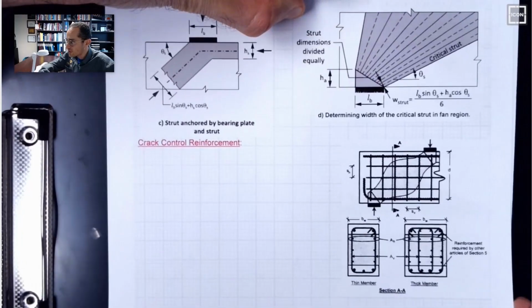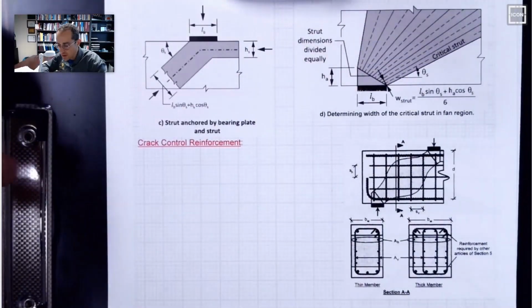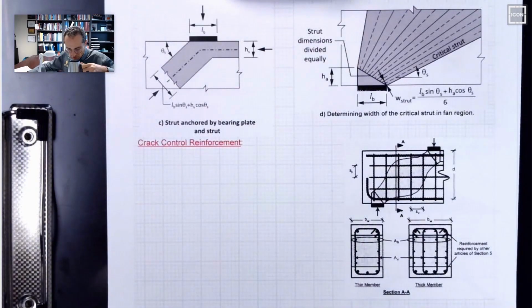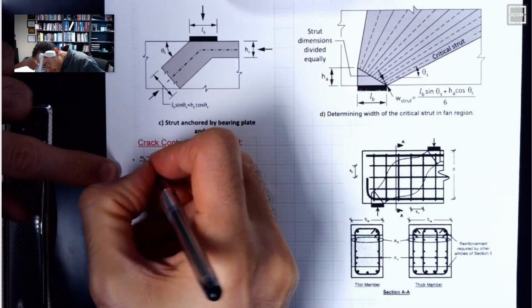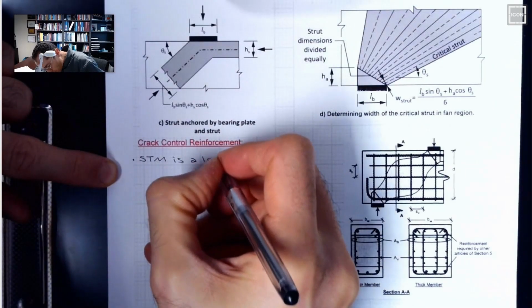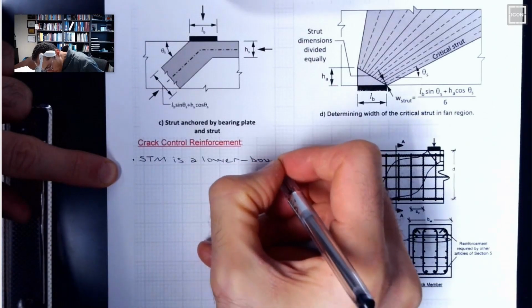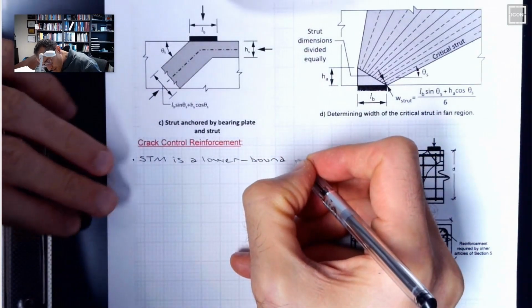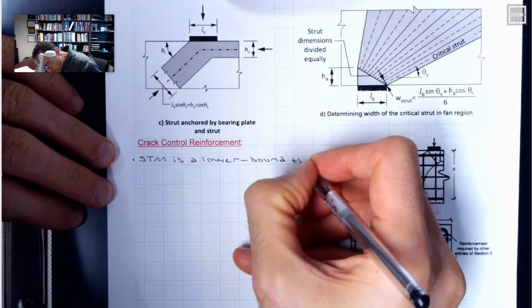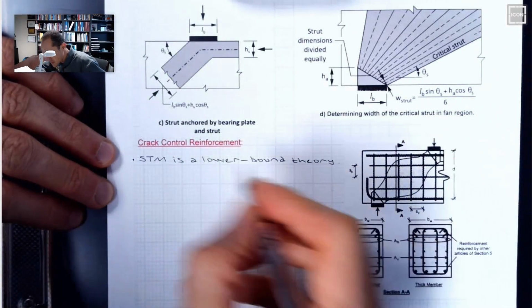Crack control reinforcement. So this is another critical aspect. Crucial. You have to provide crack control reinforcement. Strut and tie method is a lower bound theory. What does this mean?